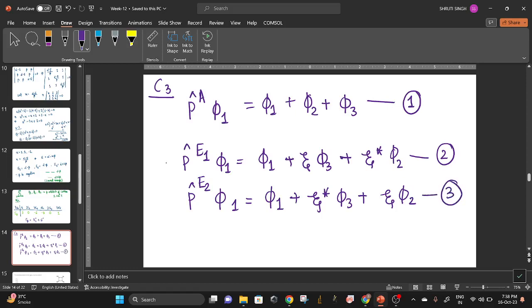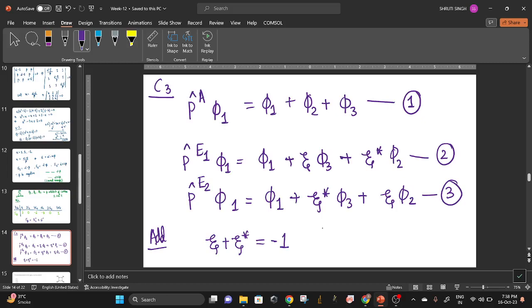Now this phi 1 projection operator of E1 and E2 contains imaginary terms. So to remove them, we will add ones and subtract ones. When we add, we get 2 phi 1, and also epsilon plus epsilon star equals -1.